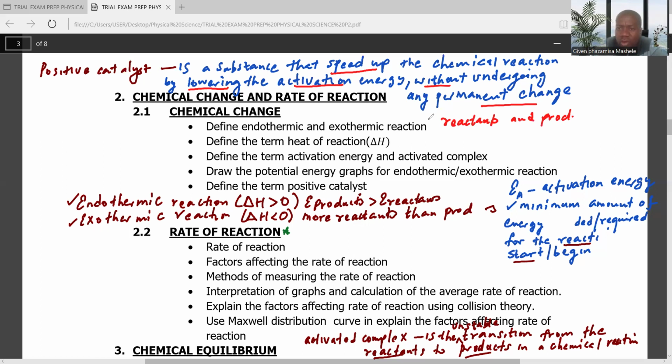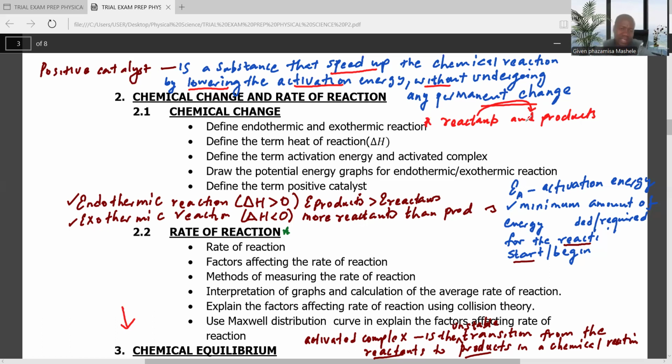In the context of chemical equilibrium, when we talk about Le Chatelier's principle, you'll realize that a catalyst has no effect on chemical equilibrium. Why? Because it does not change the products or the reactants. It speeds up the reaction in both the forward and the reverse direction, so it will not affect chemical equilibrium.